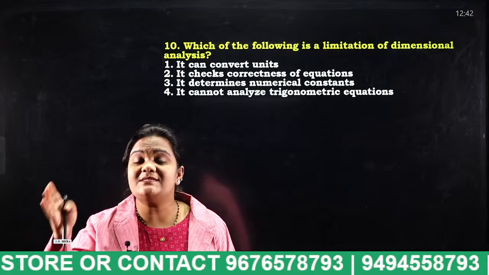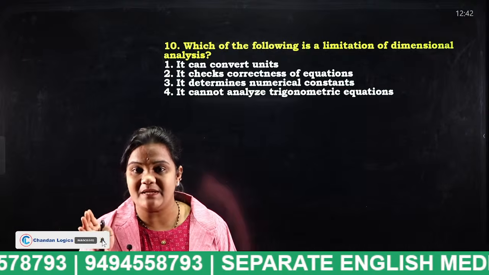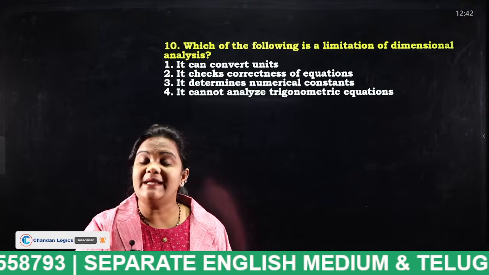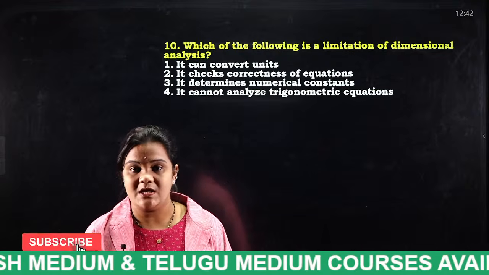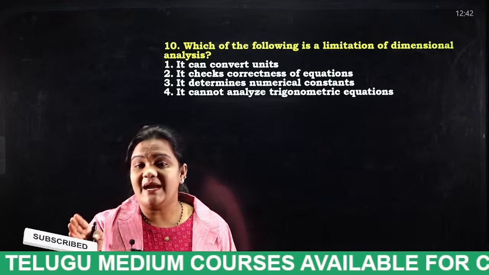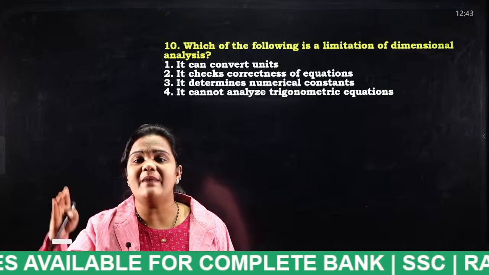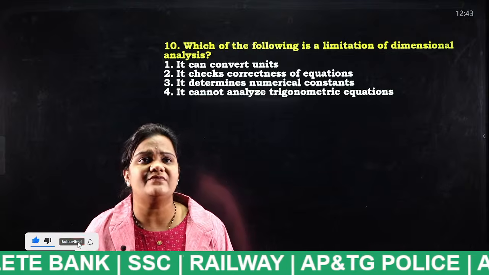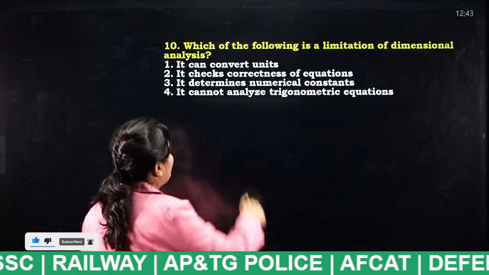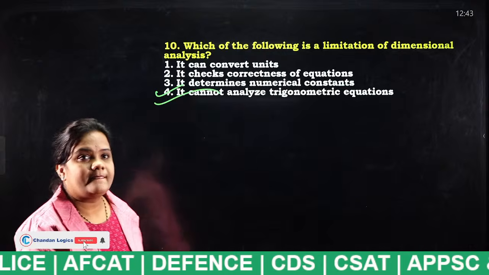Okay, this dimensional analysis is not applicable for trigonometric equations, logarithmic equations and exponential equations. But we can equate, if the powers are in the form of ML, so we can equate the equation. So what is the answer for this question students? Very good, it cannot analyze trigonometric equations.